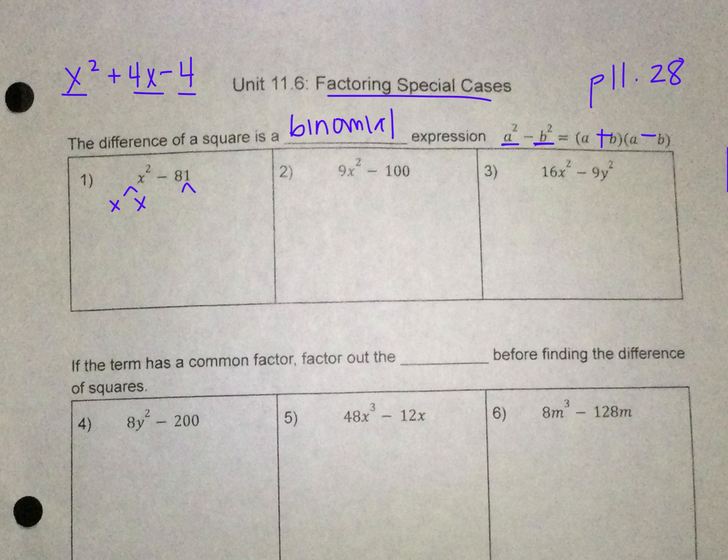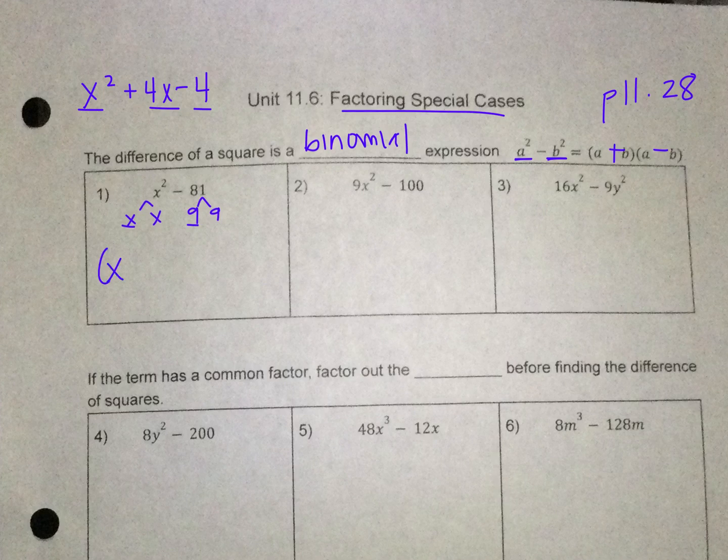I know that 81 is 9 times 9. So I've broken them down into two perfectly same groups, and then I'm going to say x plus 9, and then x minus 9.